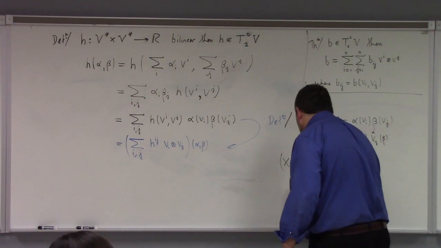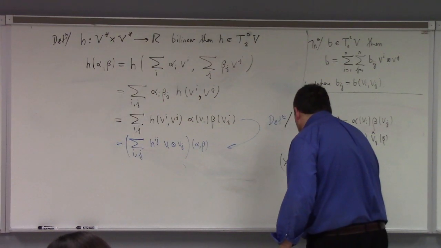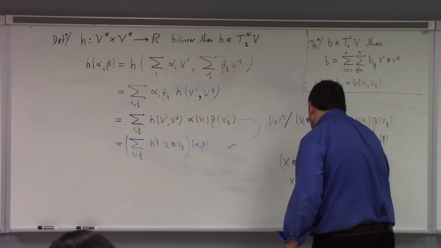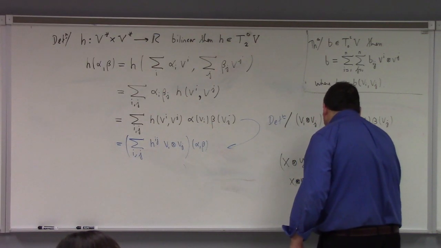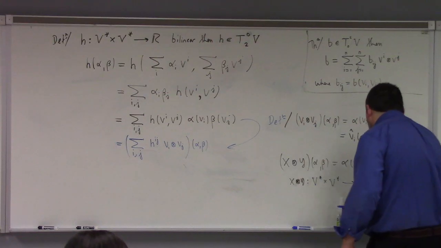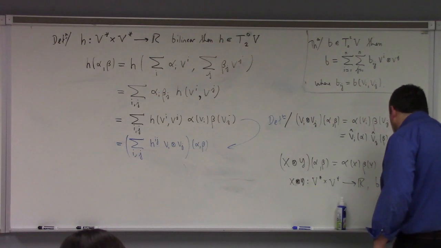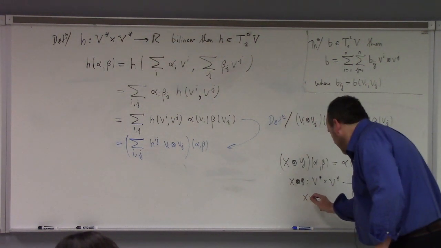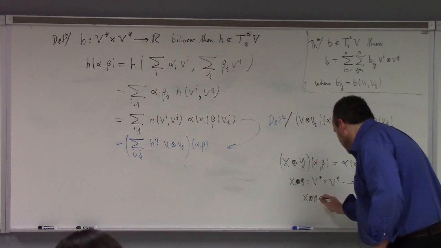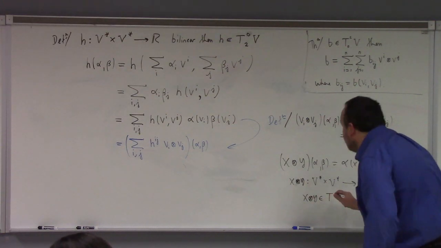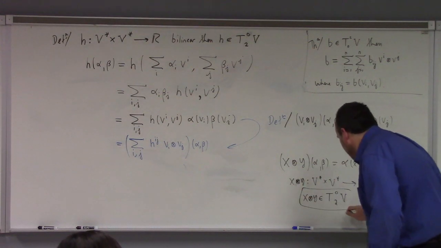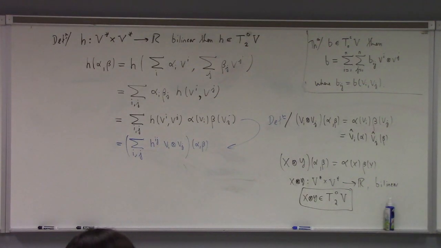And you can prove that x tensor y, defined as above, is a mapping from V dual cross V dual to the reals, and it's bilinear, right? In other words, I can prove that x tensor y is an element of T upper 0, lower 2, of V. Now I haven't actually done that, but we could run through the proof of that.